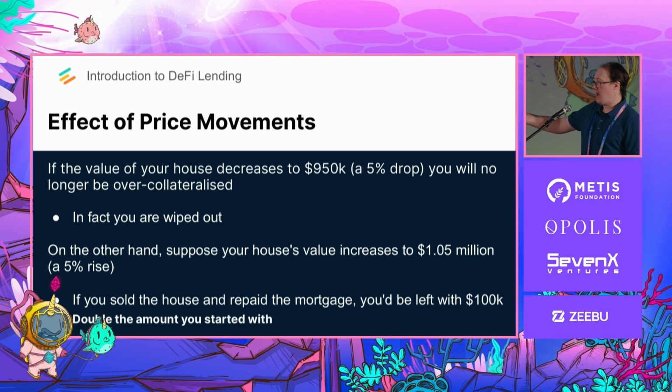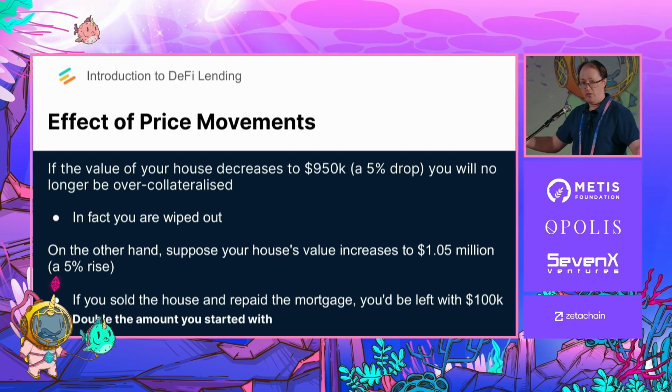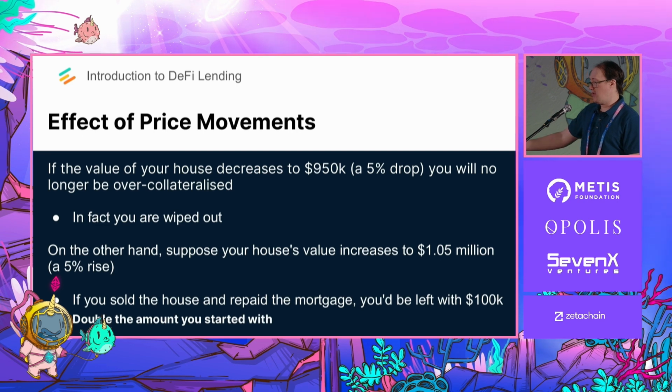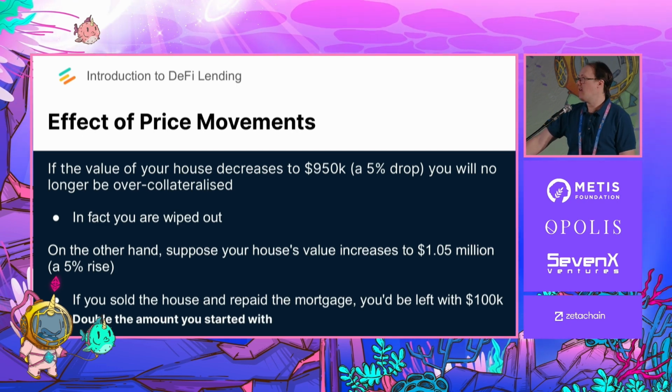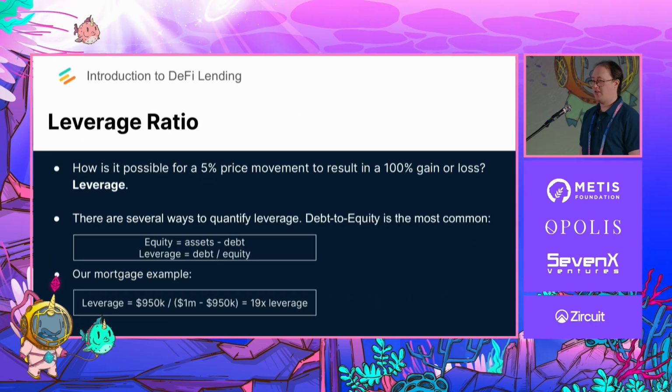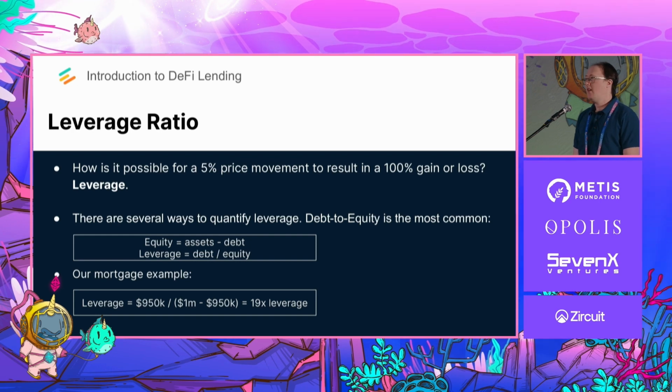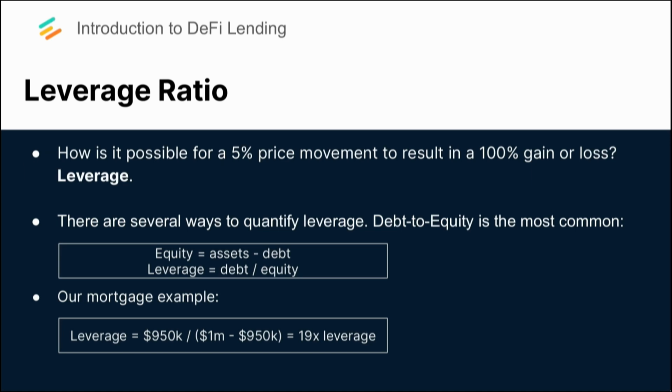On the other hand, if it goes up 5%, and you sell your house and close out, then you've actually doubled your down payment. So how is it possible that such a small percent change in the price results in such a large gain or loss? It's because of this concept, leverage.